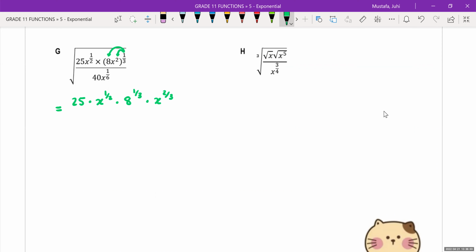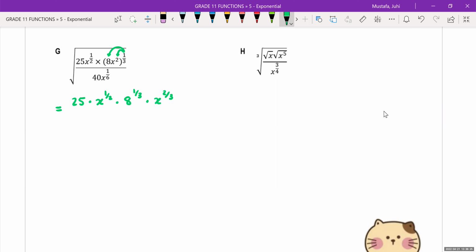So 25 times x to the power of a half, nothing changed there, I just separated them, times 8 to the power of 1/3, because I'm taking the 1/3 and distributing it inside the bracket, and then x to the power of 2/3 because I'm multiplying the 2 and the third. Does this make sense? Everyone see what I did here?